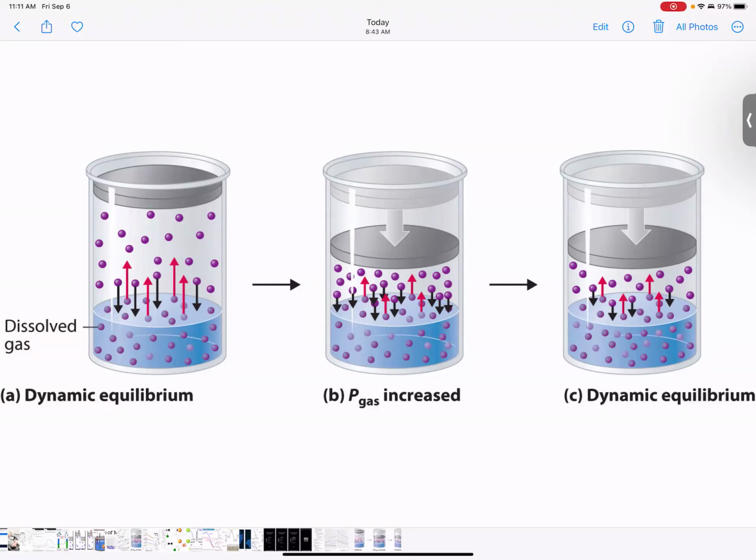Now, depending upon the size of the molecule, you can get nonpolar to dissolve a little bit into a polar solvent, such as CO2 into water.